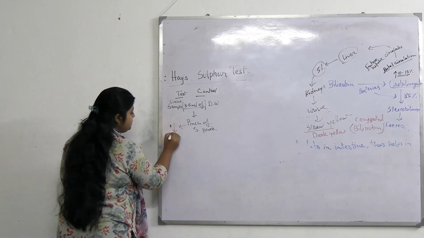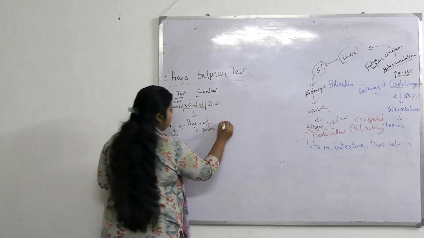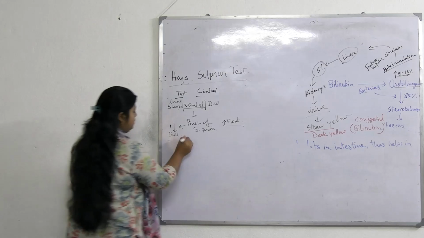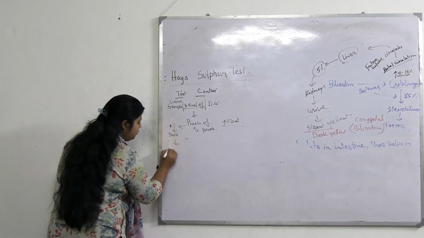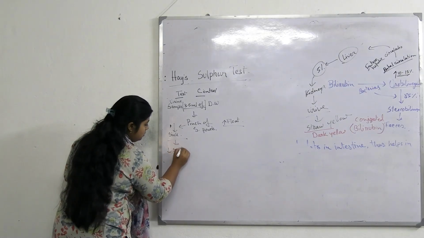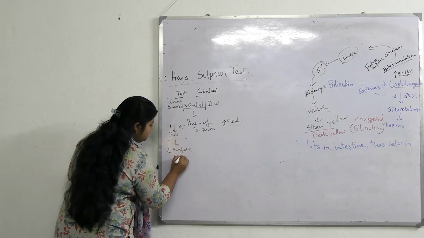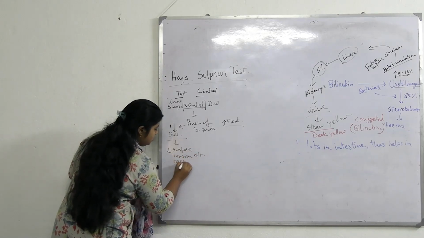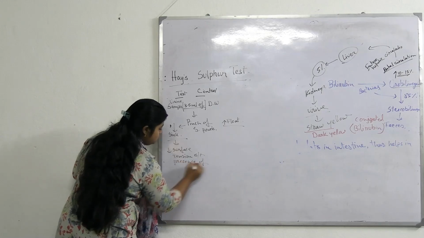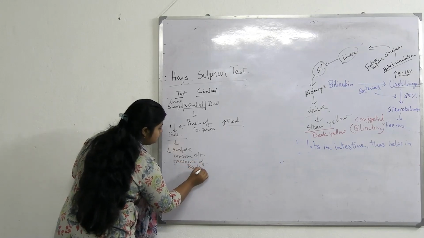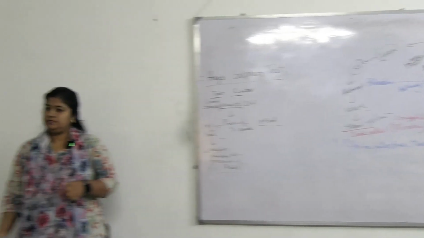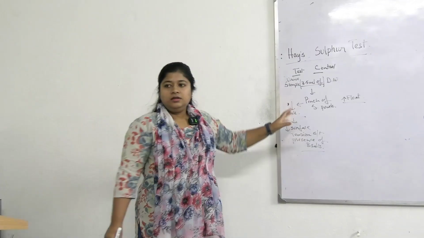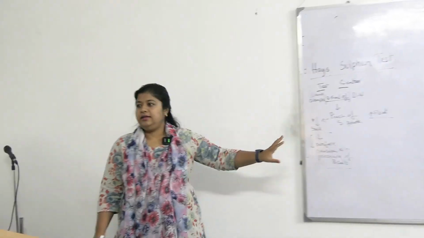Here it will sink, here it will float, and this is because of decreased surface tension due to presence of bile salts. Clear? So this is just for your understanding.